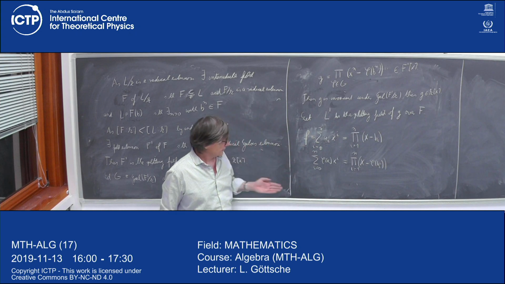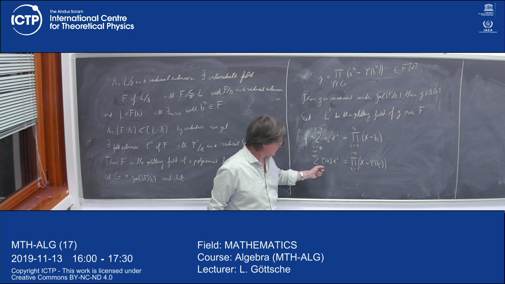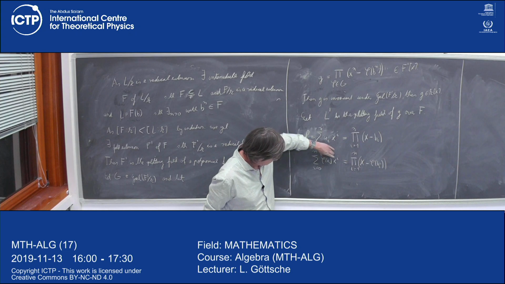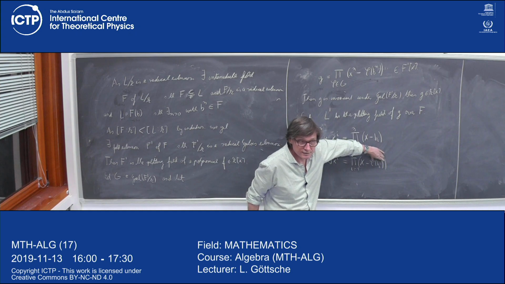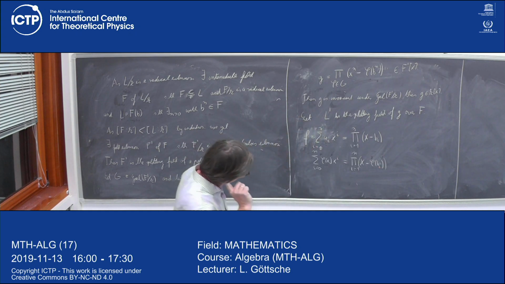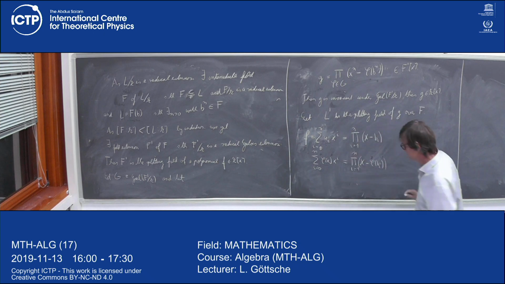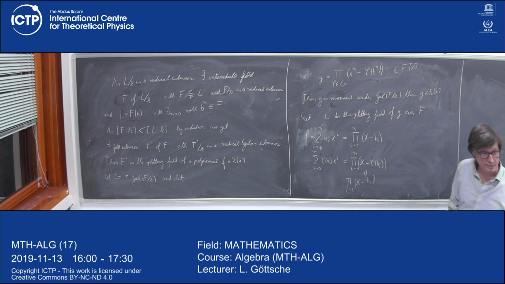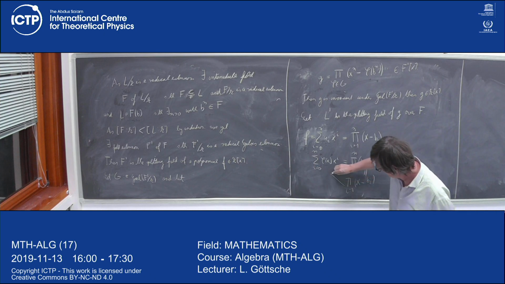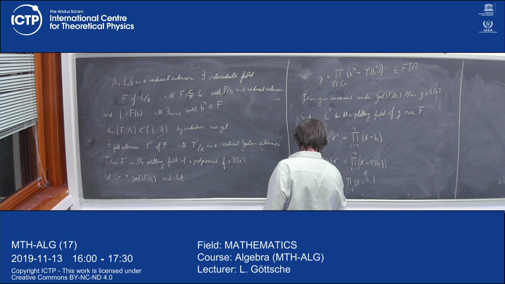So applying the homomorphism to the coefficients is the same as applying the homomorphism to these roots. And so if this product happens to be equal to the original, then it follows that a_i is equal to phi of a_i for all i.